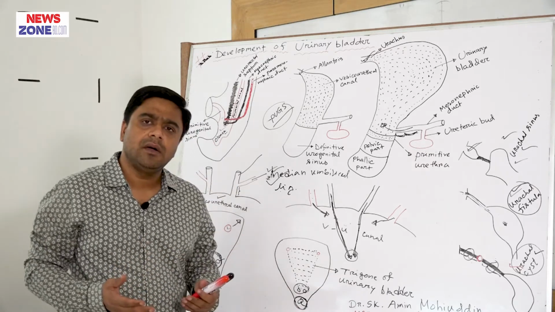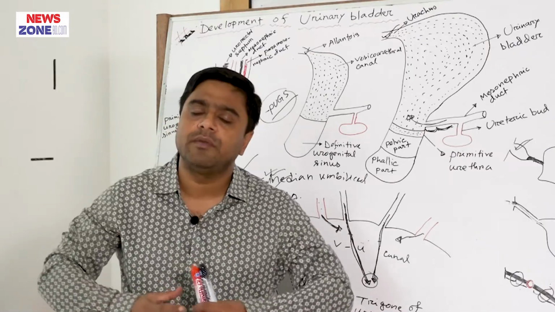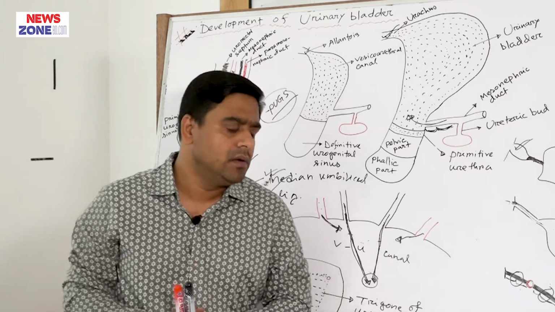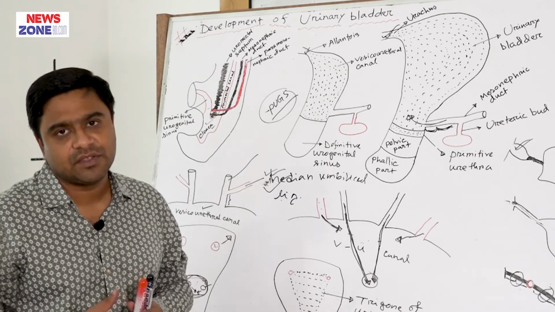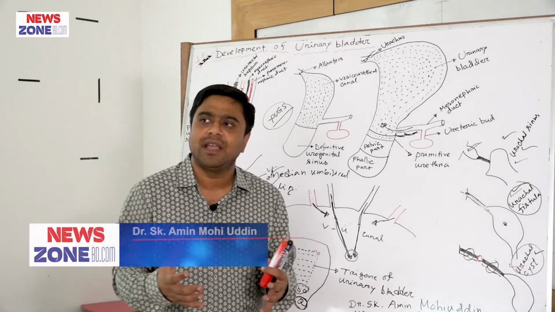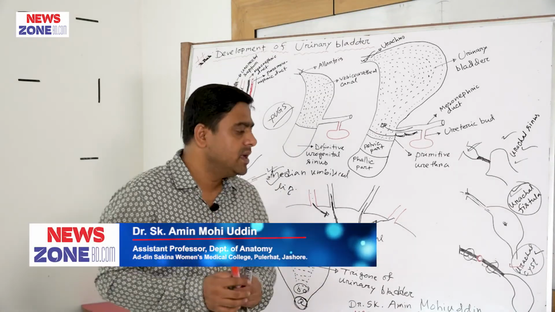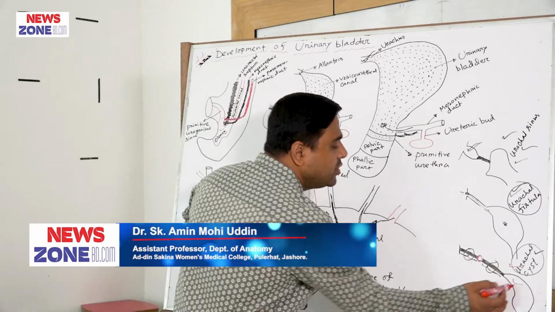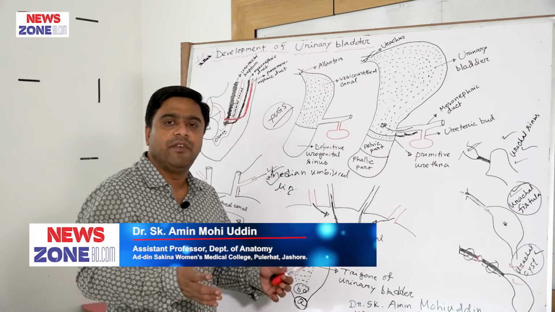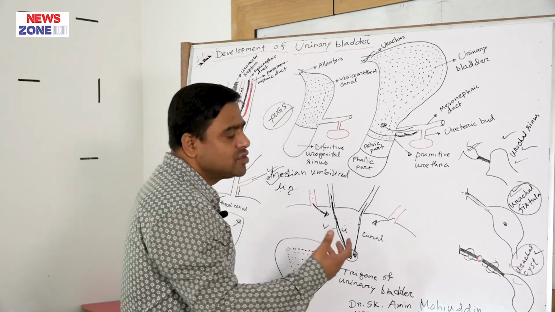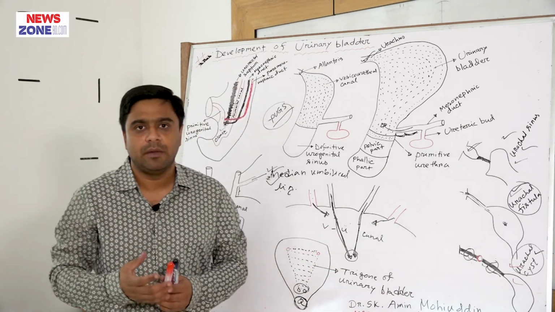So, if a defect occurs in the closure of the ventral body wall, from the umbilicus to the dorsal surface of the penis, and it does not close properly, then the urinary bladder communicates with the exterior through the defect in the closure of the ventral body wall. So, it is known as the exstrophy of the urinary bladder.